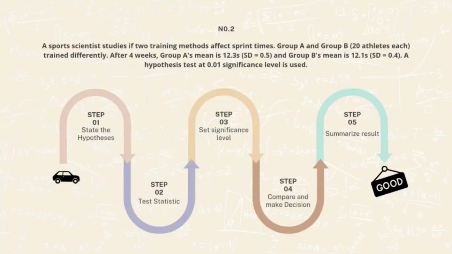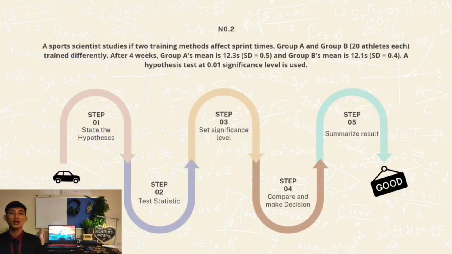Okay, now I want to explain how I got this answer for question number 2, set 1. In this study, we are trying to find out through statistics if two different sprint training methods lead to different results. We have two groups, Group A and Group B, with 20 athletes.